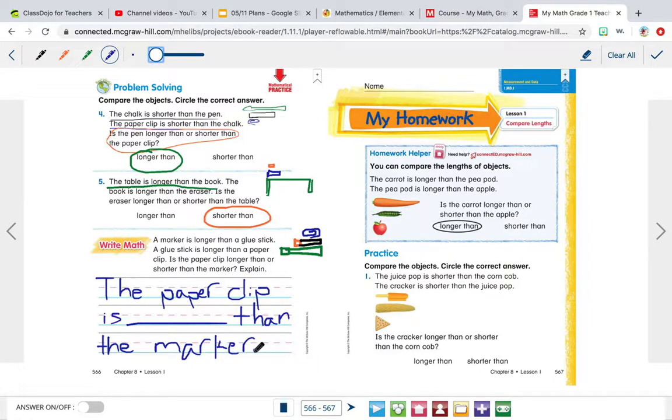So you're going to pick if the paper clip is shorter than the marker or the paper clip longer than the marker. The choice is yours. So look at the drawing and see which one makes the most sense, okay?